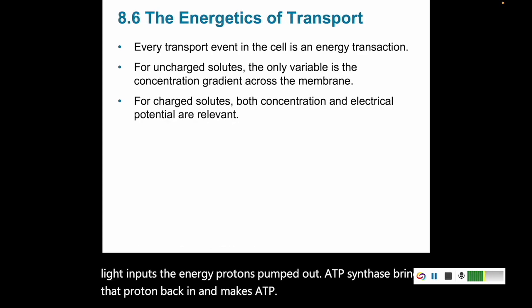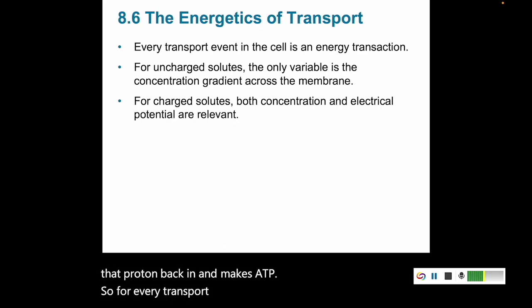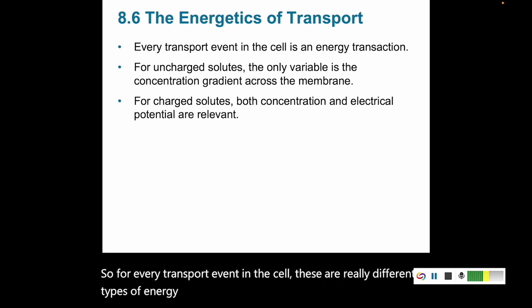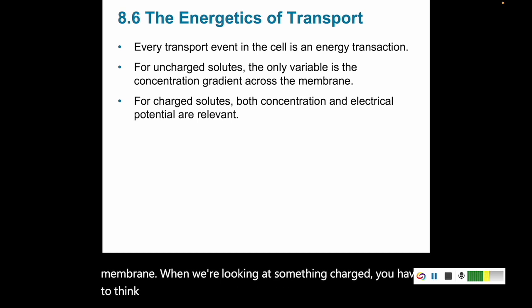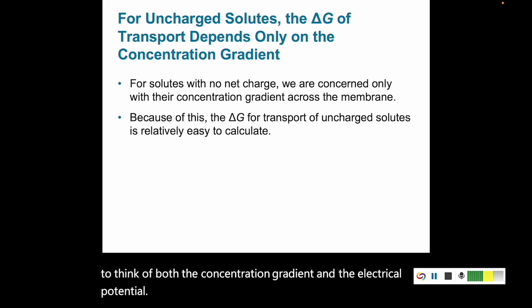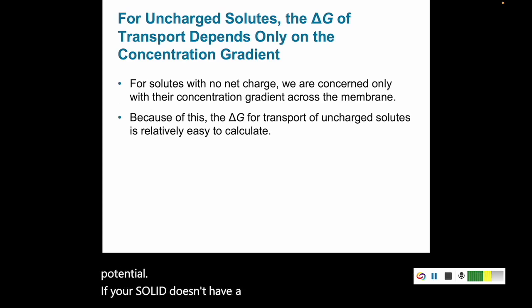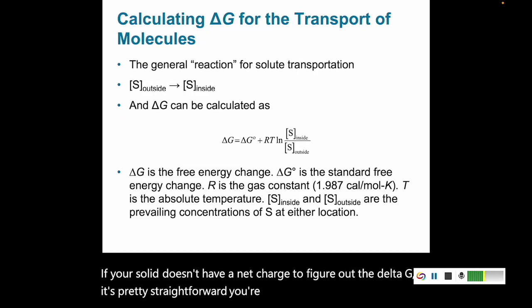So for every transport event in the cell, these are really different types of energy transactions. When we're looking at uncharged solutes, the only variable is a concentration gradient across the membrane. But when we're looking at something charged, you have to think of both the concentration gradient and the electrical potential. If your solute doesn't have a net charge, to figure out the delta G, it's pretty straightforward. You're only looking at concentration gradients.